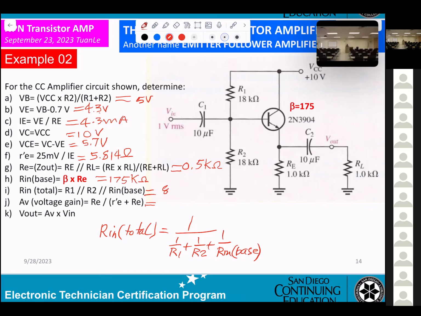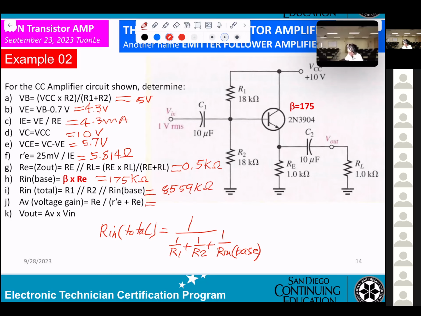Yeah, in other words, that's 8.559K. I got the same answer. No, you got 8.559K. There you go. That's it right there.